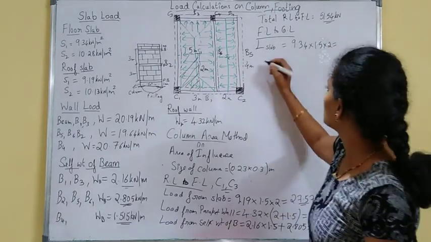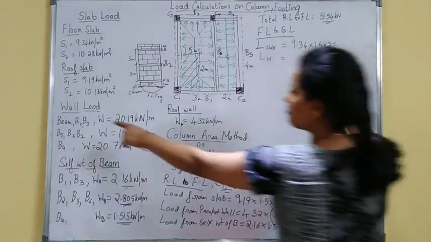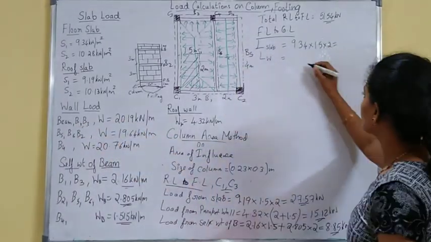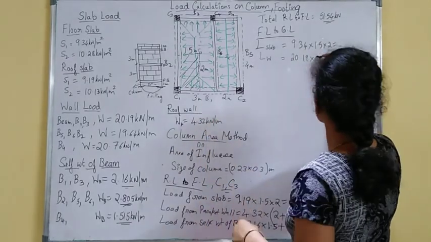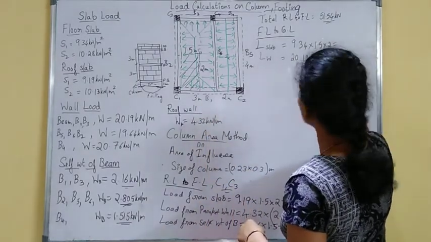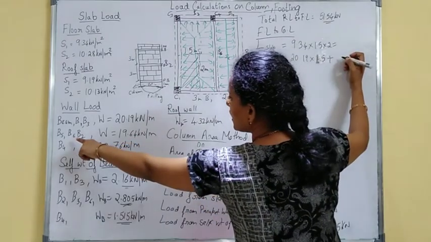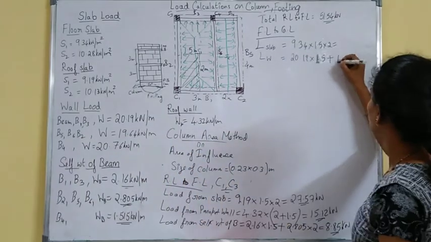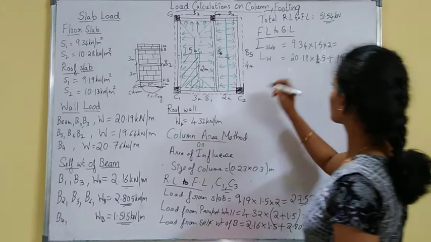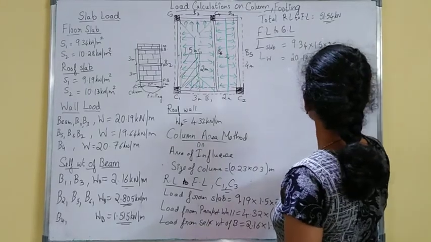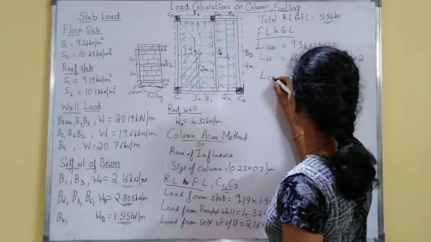Then load from wall, here for B1 it is 20.19 into distance of 1.5 meter, plus B2 you have 19.64 into 2 meter. Next, load from self-weight of beam.